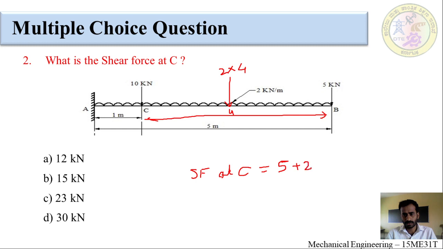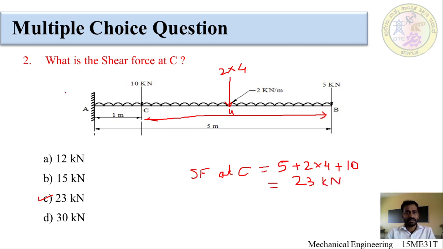So, 2 into 4 plus the point load on C, which is 10. So, 5 plus 8 plus 10, 18 plus 5, which is equal to 23.